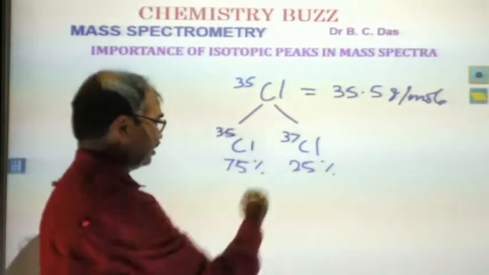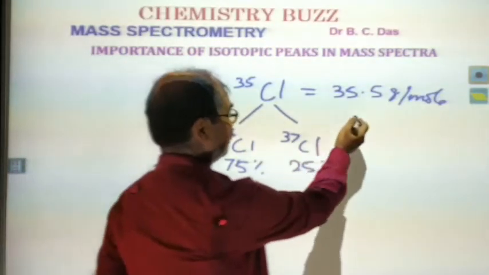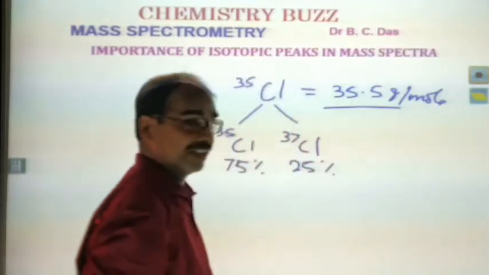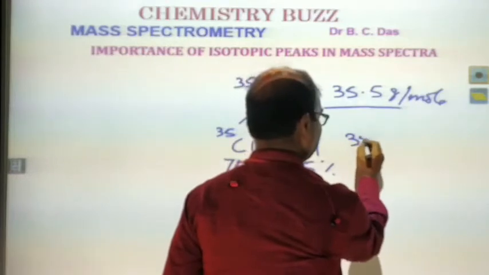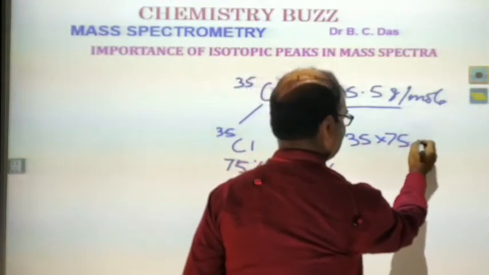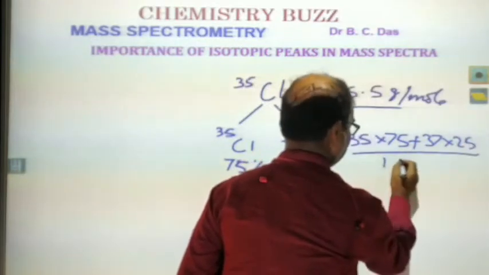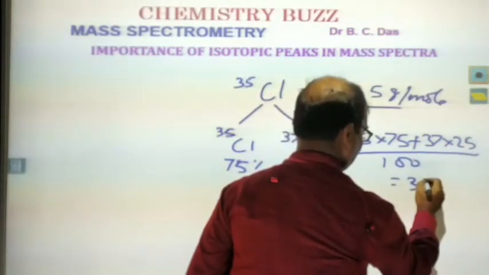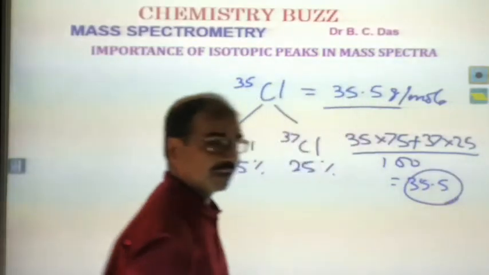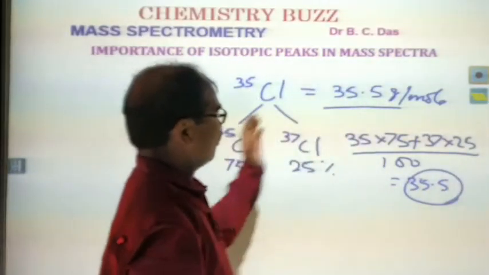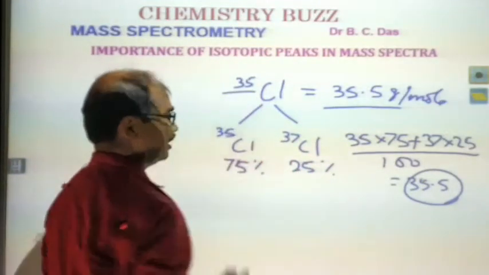This is their natural abundance, and this is how the atomic mass comes out: 35 into 75 plus 37 into 25 divided by 100 is equal to 35.5. So this is the atomic mass of chlorine.